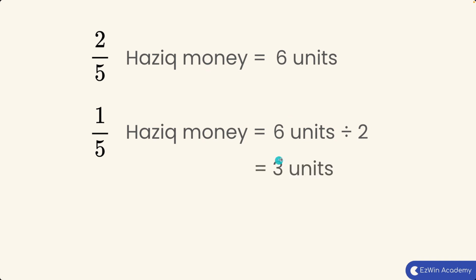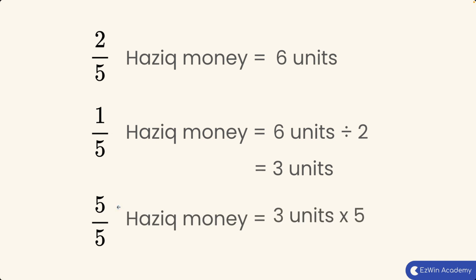This is equal to 3 units. Then we need the whole, which is 5 out of 5, so we multiply by 5. Hazik's money is 3 units times 5, which is 15 units.